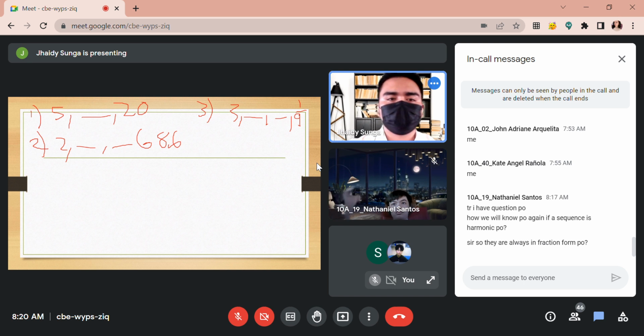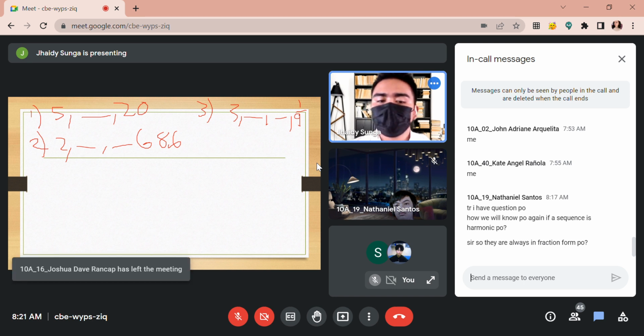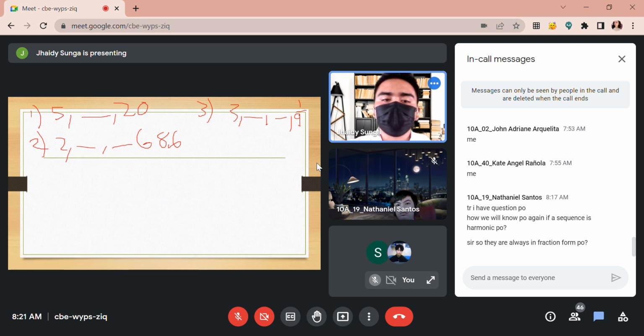I'm not a fan of those formulas, because some of them are just a times something, square root, then times something. But in my case, this is the one that I usually use. What is the formula in getting the nth term of a geometric sequence? The formula is a sub n equals a sub 1 times r raised to n minus 1.